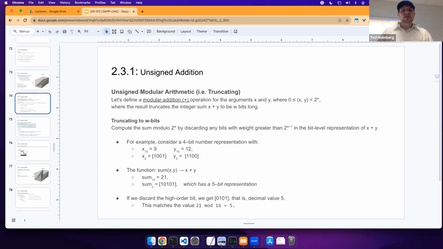So when we truncate to w bits, we keep starting from the least significant bit up until we get to our word size. That's what we're going to keep. Everything that falls outside of that, we truncate. So we truncate the prefix values, the values that fall on the left side.